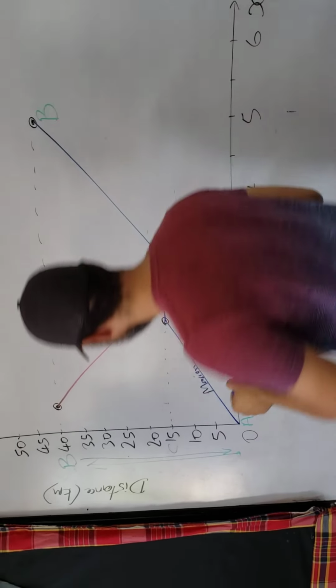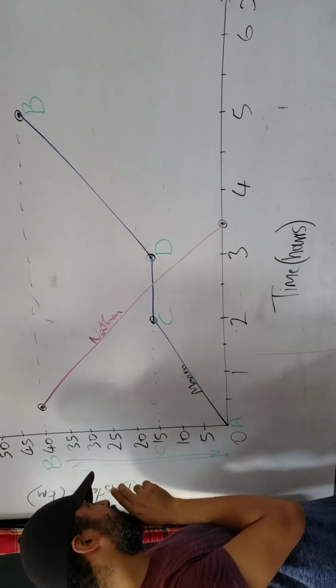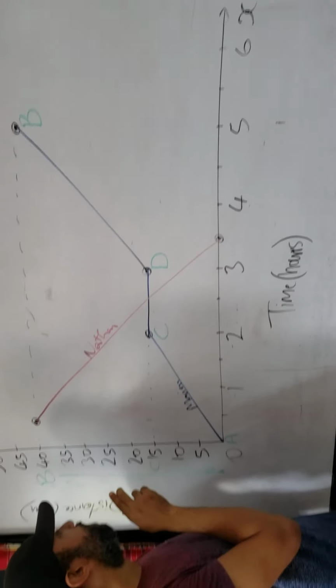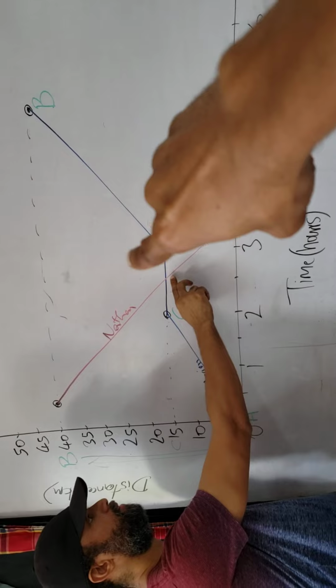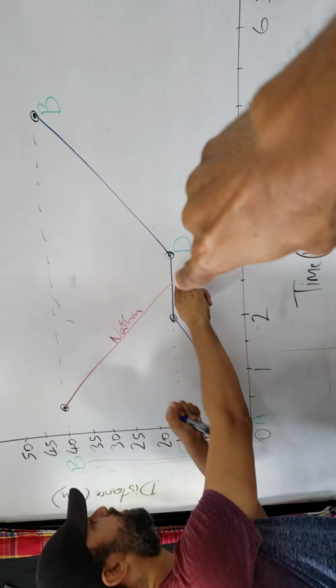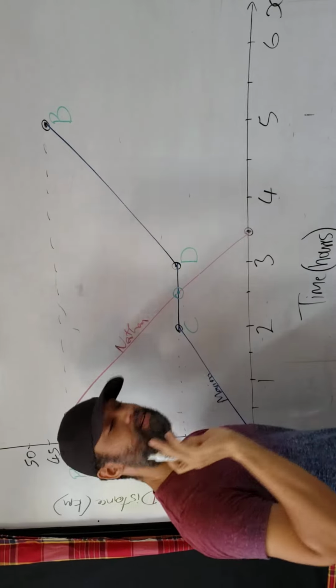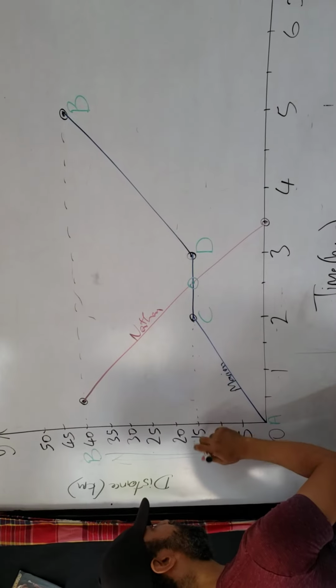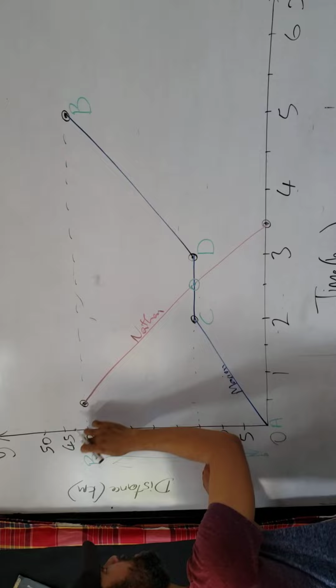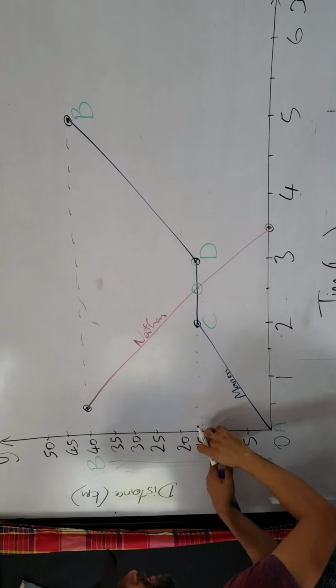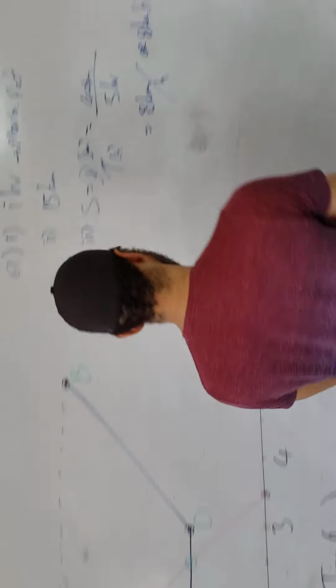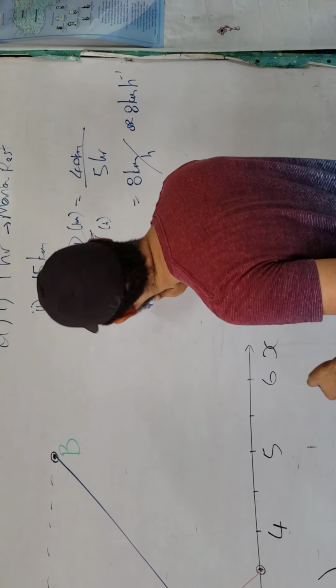Why minus 15? Because this shows where they intersect, exactly where they met. On the y-axis that is 15, and B is 40. So 40 minus 15.